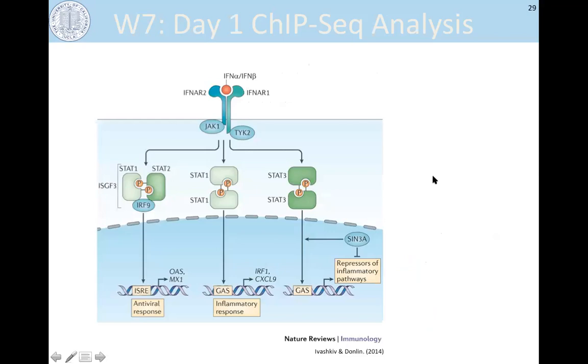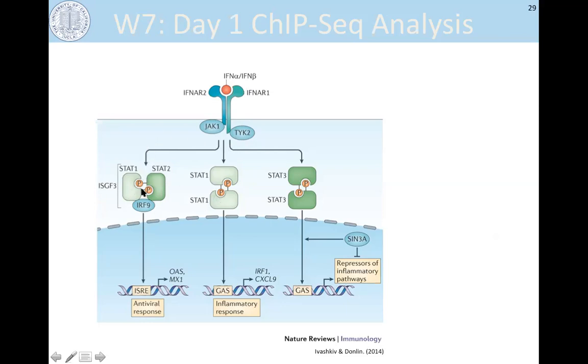So here is a model that we are going to test using ChIP-Seq data. This is the interferon pathway, which involves these secreted interferon alpha or beta molecules, which bind to cell surface interferon receptors. These are phosphotyrosine receptors, which will heterodimerize to activate a kinase cascade, which will lead to phosphorylation of cytoplasmically restricted transcription factors.